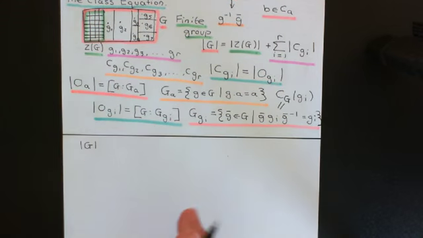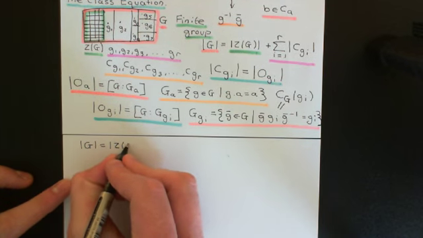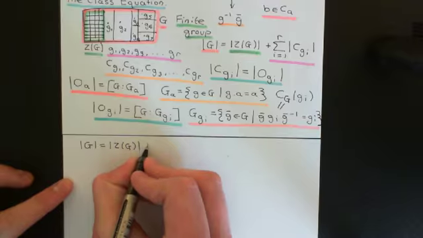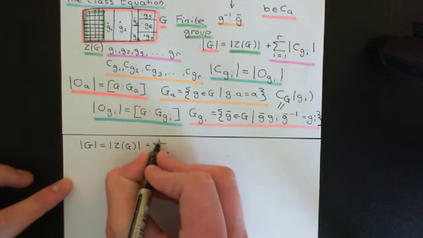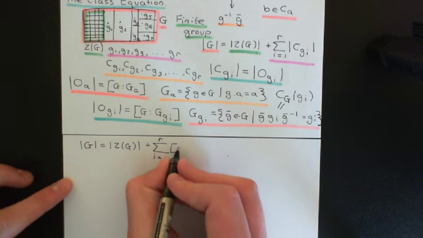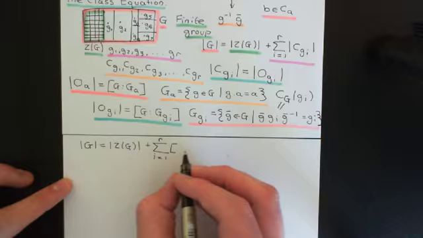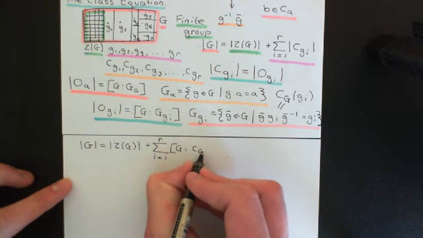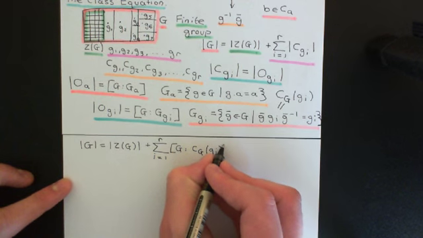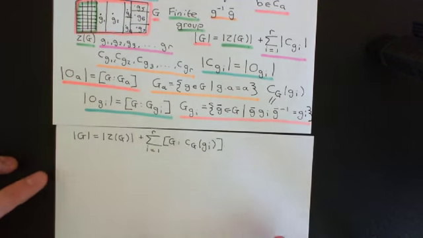So the order of the group here is equal to the order of the centre of the group, so that bit's very easy, plus the sum from i equals 1 to r of the index of the centralizer of g_i in the group G, so [G : C_G(g_i)]. And that's the form that people usually quote the class equation in.